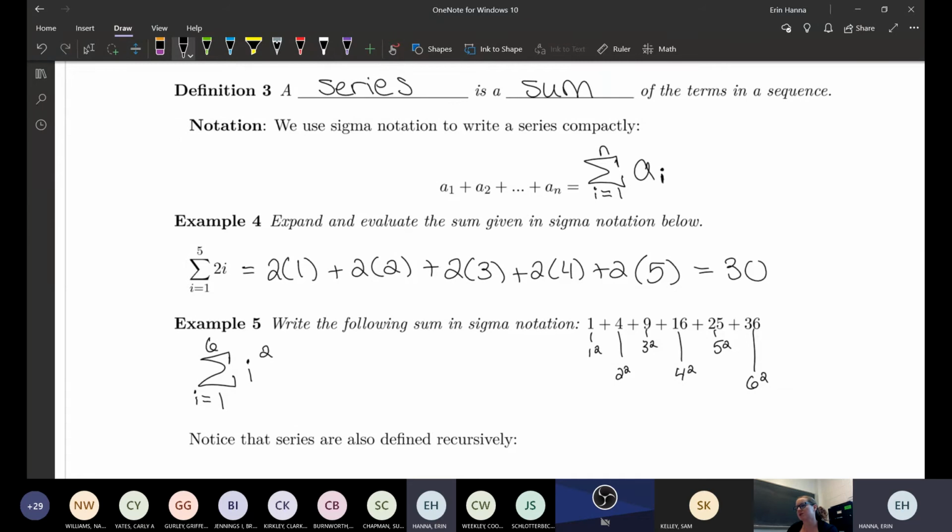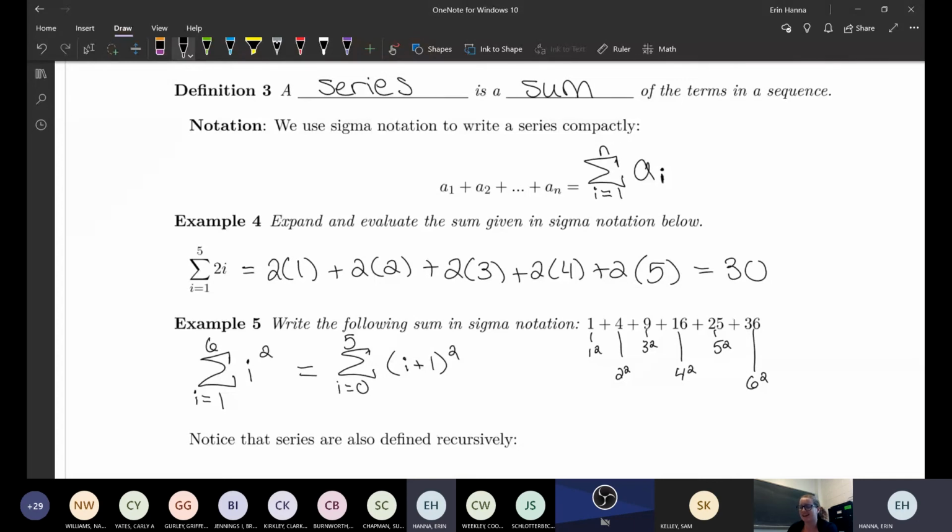Now note that sigma notation can be written in a ton of different ways. We're going to do the one that's the simplest. If I really wanted to be a jerk, I could technically say, well, this is the sum of I minus I plus 1 squared where I starts at 0 and ends at 5.